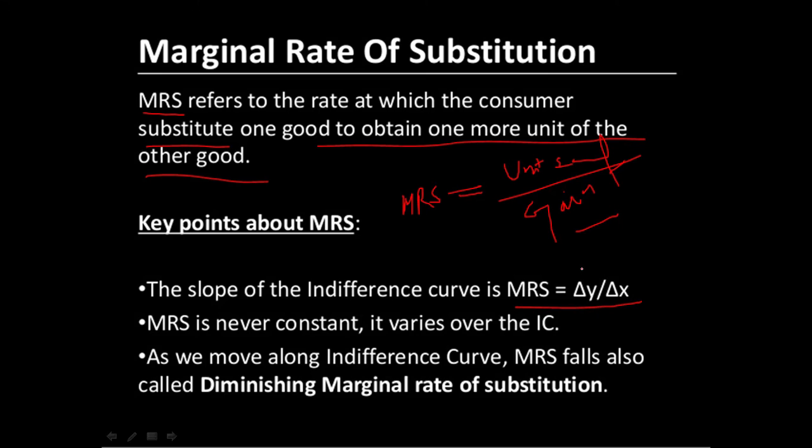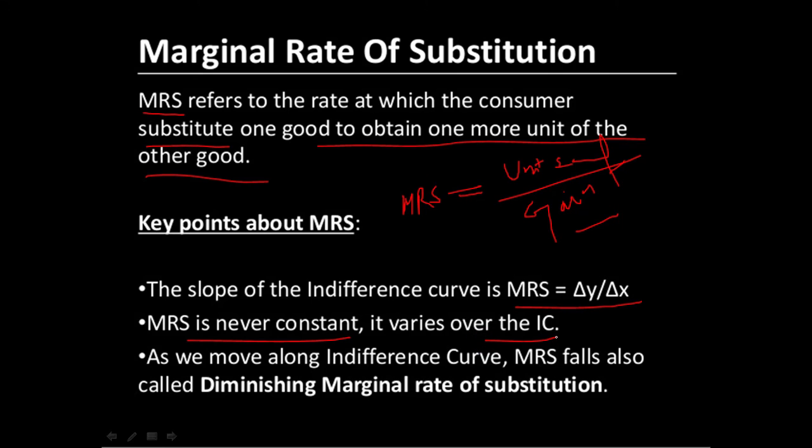Means if we are going to sacrifice more of commodity Y, then only we are going to have more of X. So the slope of the indifference curve is MRS equals delta Y divided by delta X. MRS is never constant. It varies over the ICs.